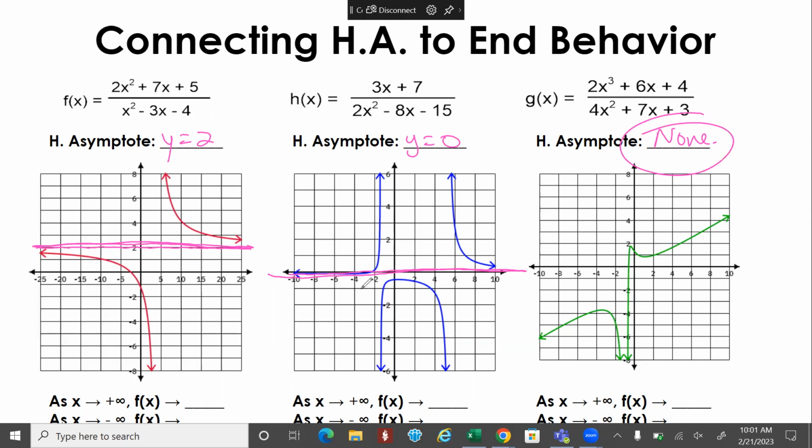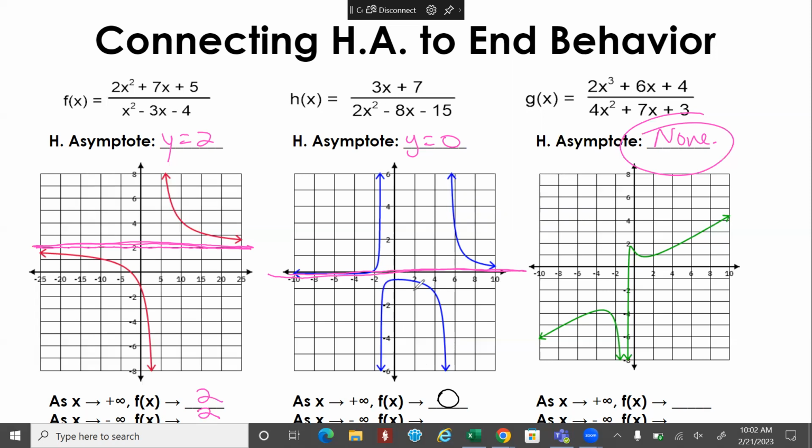Now let's talk about end behavior. And you're going to want to write this down on your paper. So on our first one, as x is approaching positive infinity, y is approaching 2. As x is approaching negative infinity, y is also approaching 2. On the second one, as x is approaching positive infinity, y is approaching 0.